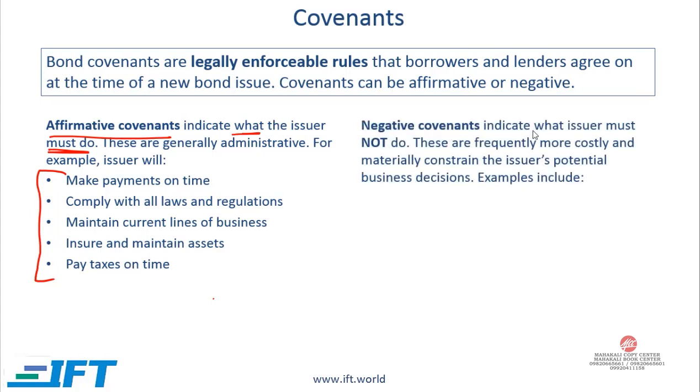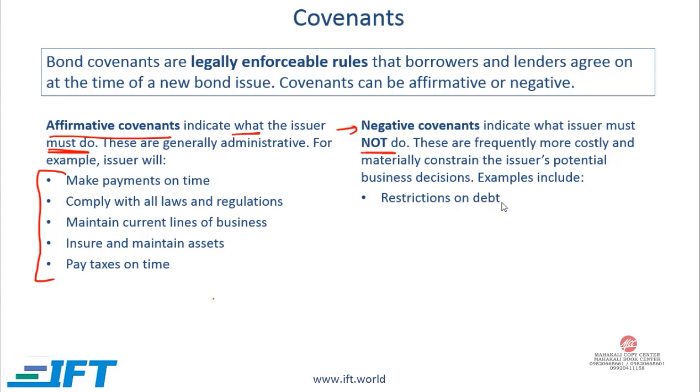Negative covenants indicate what the issuer must not do, and that's why they are called negative covenants. These are frequently more costly and materially constrain the issuer's potential business decisions. Examples include the following. Restrictions on debt.